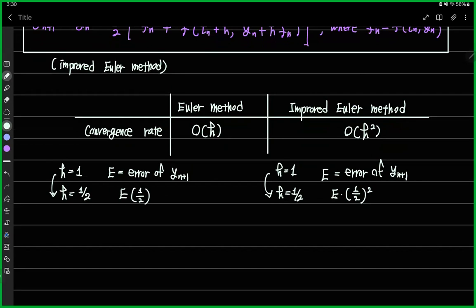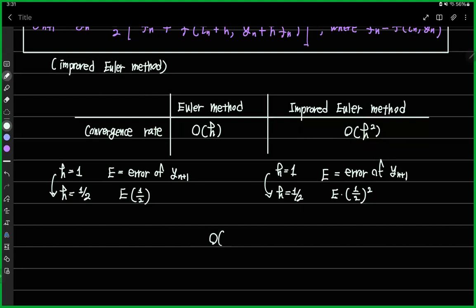So with the improved Euler method, when you decrease the time step size h, we get a much better accuracy solution than the Euler method. That's why we are interested in numerical methods with a high order of convergence rate. Can you get a numerical method better than big O of h squared?